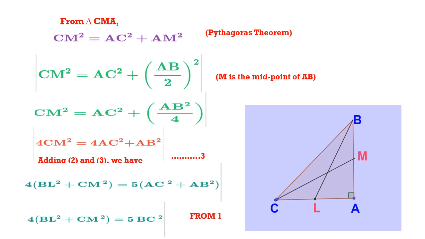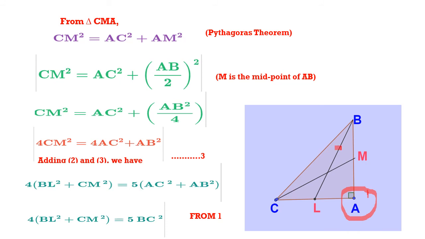Now this is the third part. This time which triangle are we going to take? We are going to take the other smaller triangle which is right angled at A. Just see this right angle; the hypotenuse opposite to the right angle.